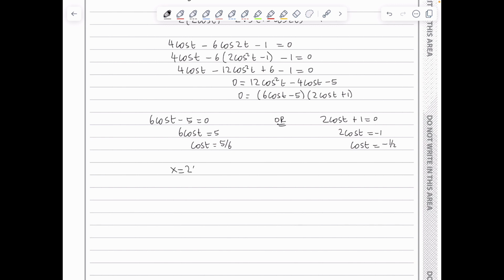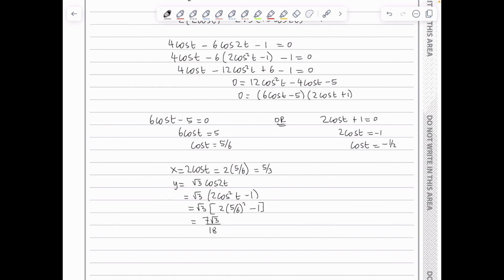So if x is 2 cos t, I will substitute cos t with 5 over 6, and this gives an answer of 5 over 3. And similarly, y was root 3 cos 2t, which is root 3 times 2 cos squared t minus 1. So this is root 3 brackets 2 times 5 over 6 squared minus 1. So this gives an answer of 7 root 3 over 18.